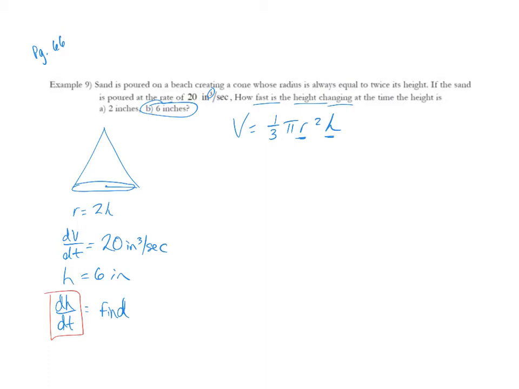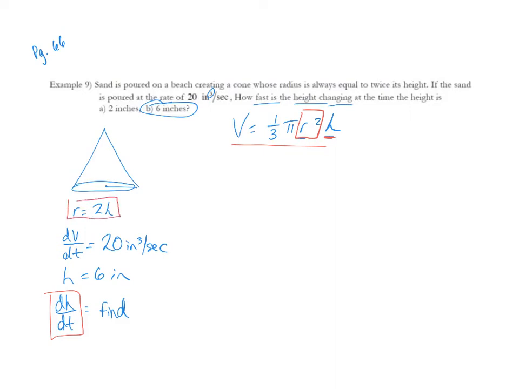So looking ahead, if I were to take the derivative of this formula, I need there to be a dh/dt in that function, which means I need to keep this h variable in the original function, which leads me to believe then that I am going to be replacing out r squared. Well, and more specifically r, what do I know about r? The only thing that I know about r is that r is equal to 2h.